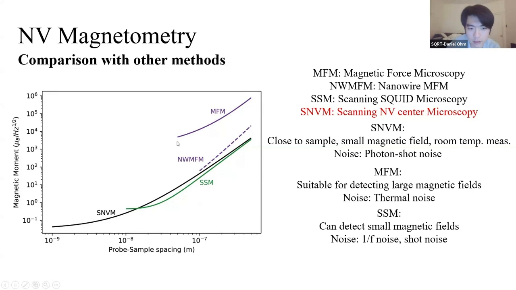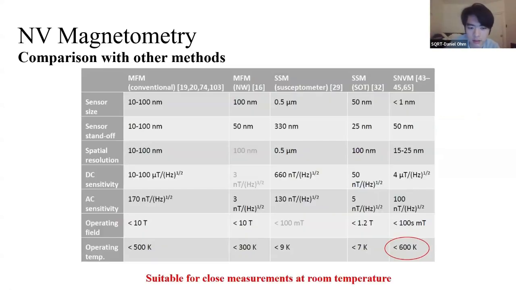So this shows the range in which it's functional. For NV centers, you can do magnetometry in this entire range, from millimeters to nanometers. But in terms of military applications, you have to detect magnetic fields much further away.